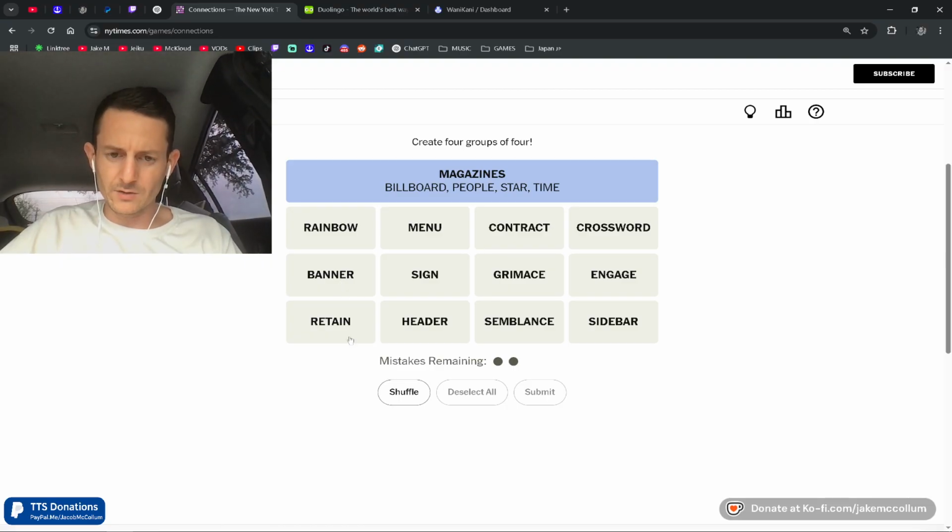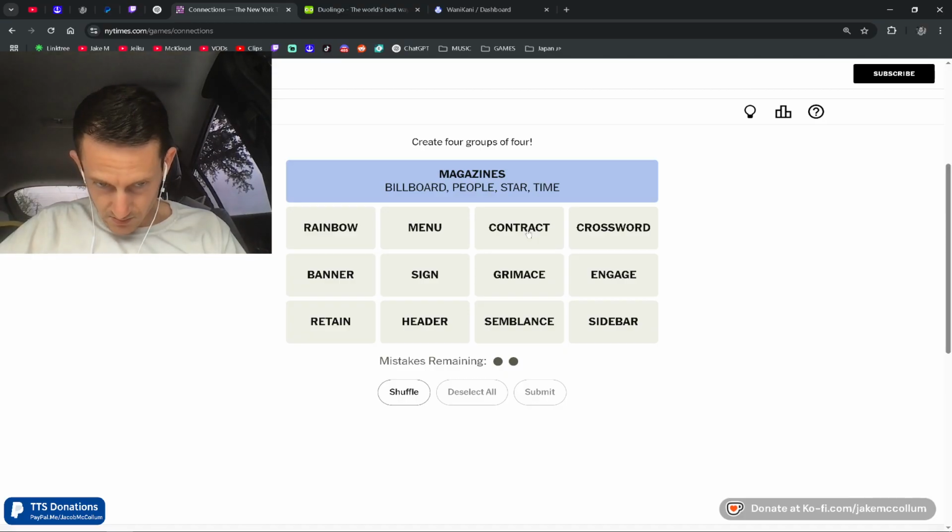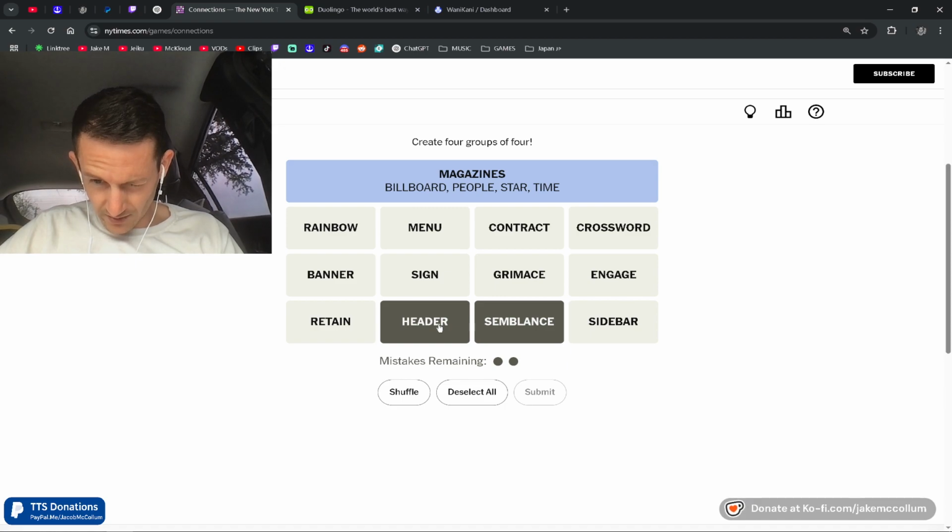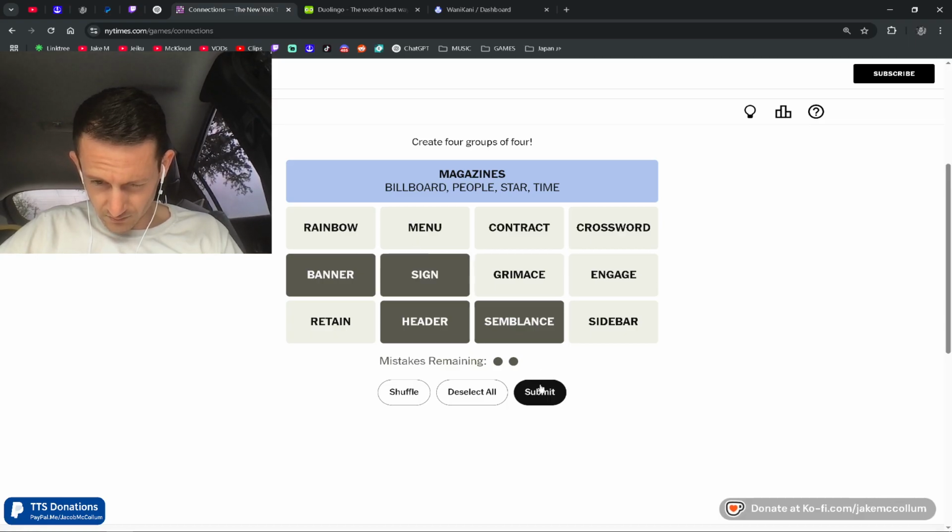Rainbow, banner, retain, header, sign, menu. Semblance, a header, a banner, and a sign.